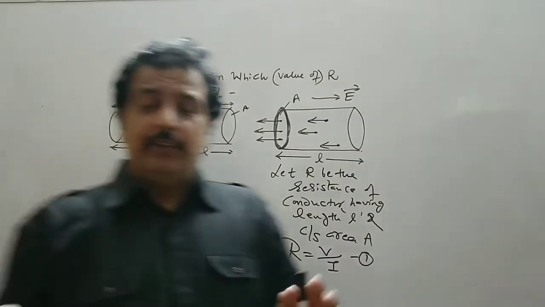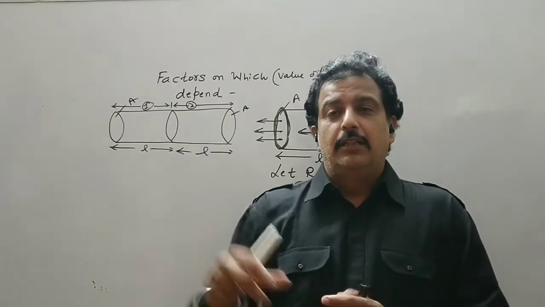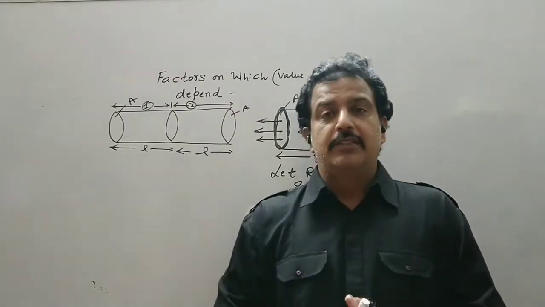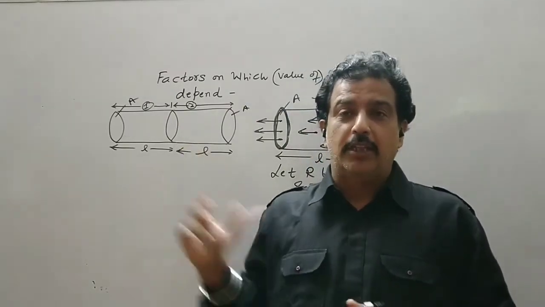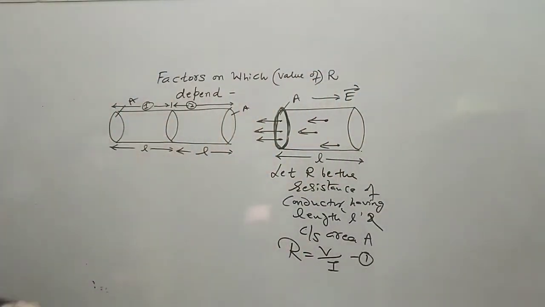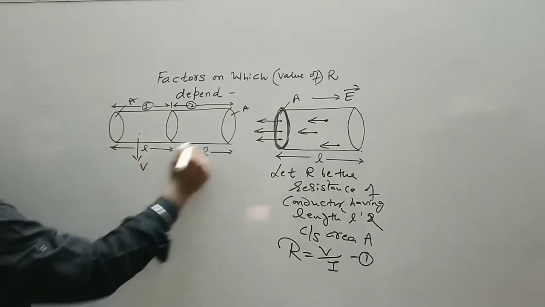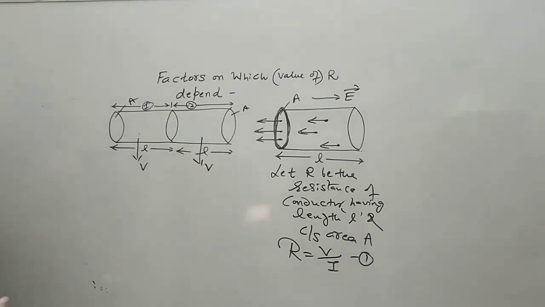We also know that when we connect capacitors in series, the potential difference is different. So here the potential difference should become double if I want the same amount of current. In this situation, V is the potential difference of this conductor and V is the potential difference of this conductor.